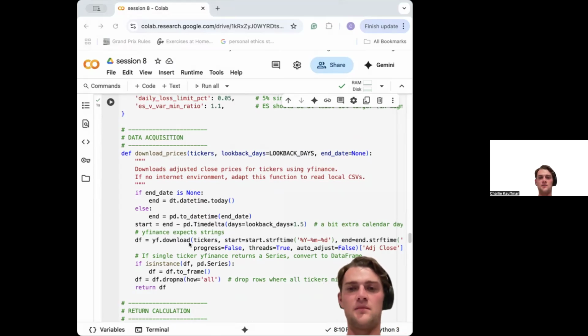And then I added extra days to the start date so weekends and holidays don't cut our sample short. Without that much history, the VaR estimates are unreliable, so we pull more data than needed and then trim it to the correct window.